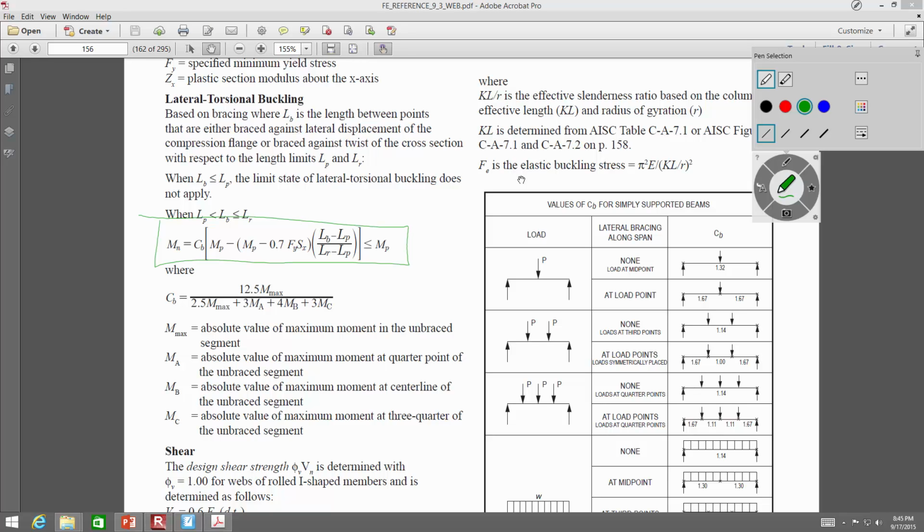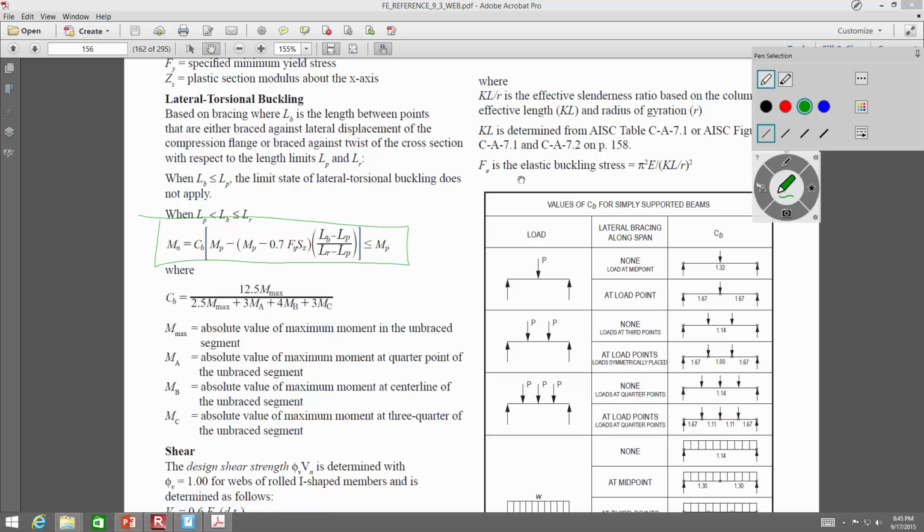Now, if you remember, the equation says Mn equals this term such that it is less than or equal to MP. Remember what that means is that no matter what your modifier does, no matter what Cb does, it could be 2, it could be 986, whatever it does, you cannot go above MP. It's impossible, okay?